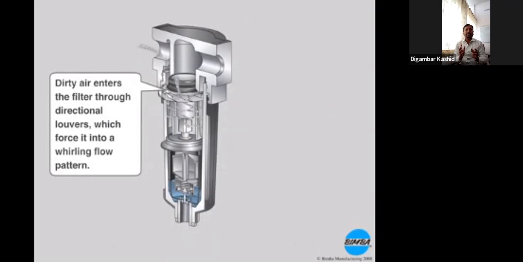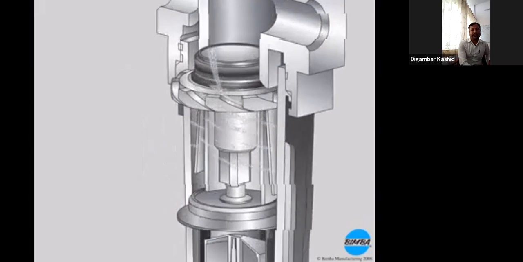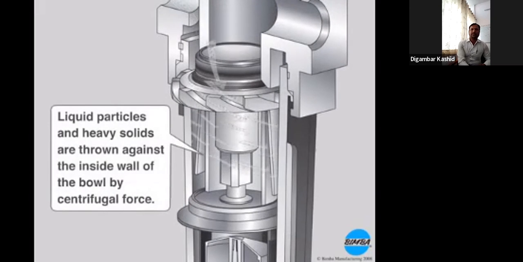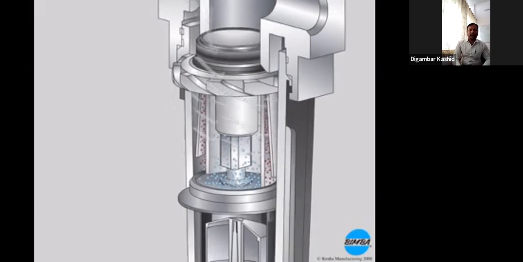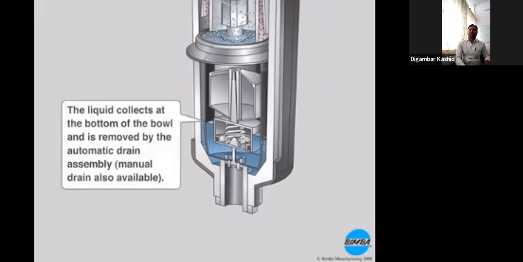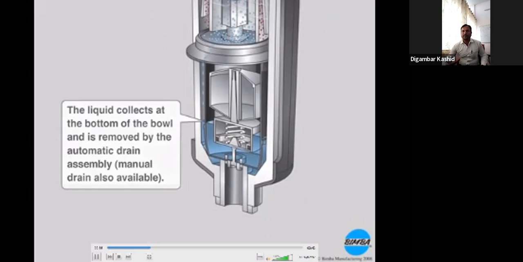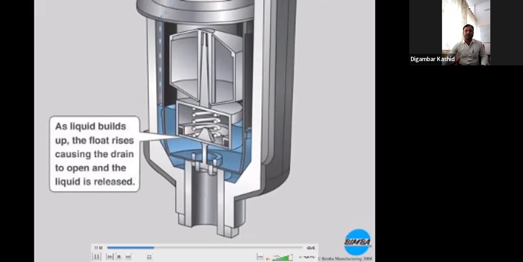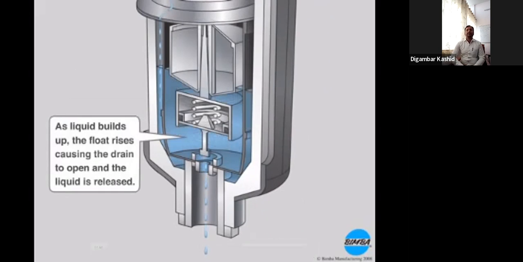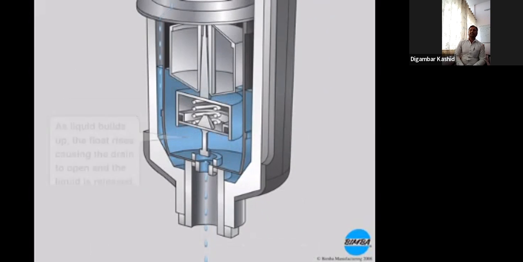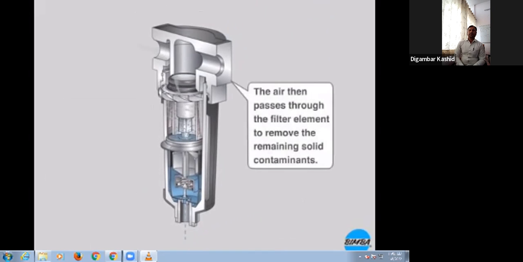The dirty air will enter the filter through this, and the moisture particles, liquid particles, or heavy solids will be thrown out at the bottom. For this video, voice is not there. Just see and read that point. Whatever I have explained, the same thing is there. This is the entire air filter unit, and at the outlet we get fresh air, clean air, dry air.